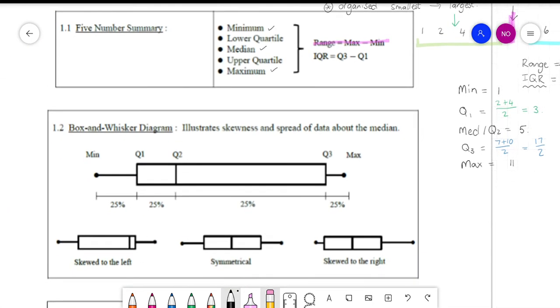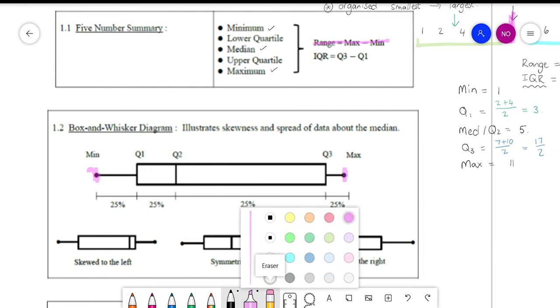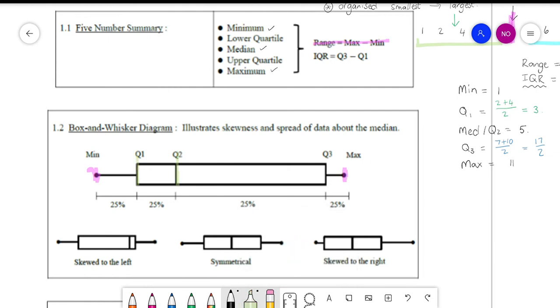Okay, then when we look at a box and whisker diagram, now how did we jump to a box and whisker diagram? The box and whisker diagram is just the graphic representation of the 5-number summary. So what we do is we put our minimum value and our maximum value at the 2 points, and then your other 3 you have to mark there, and you draw a box over Q1 to Q3, and then it has its whiskers stretching out to the minimum value on the left and the maximum value on the right.